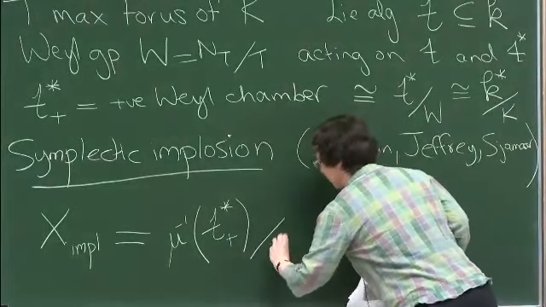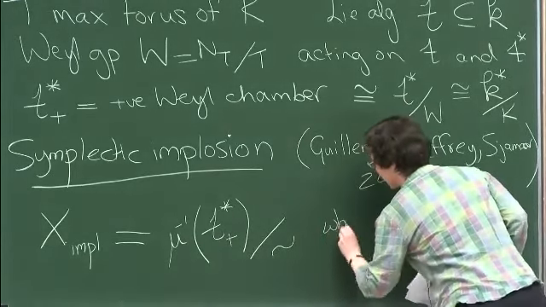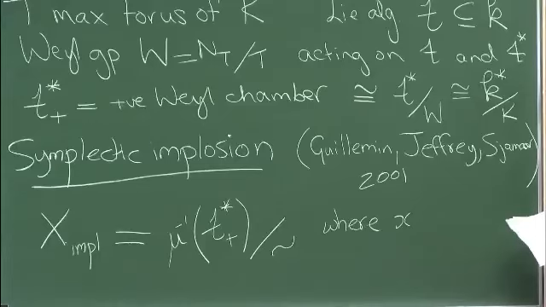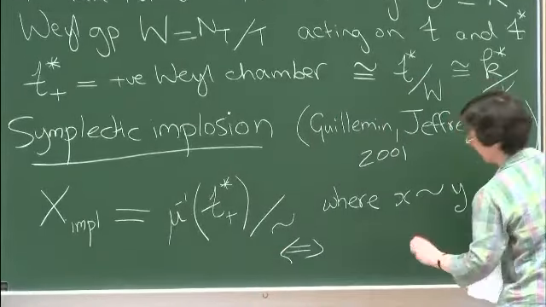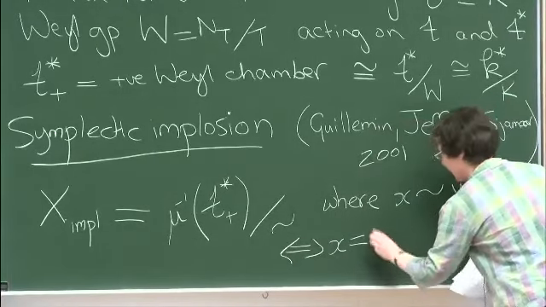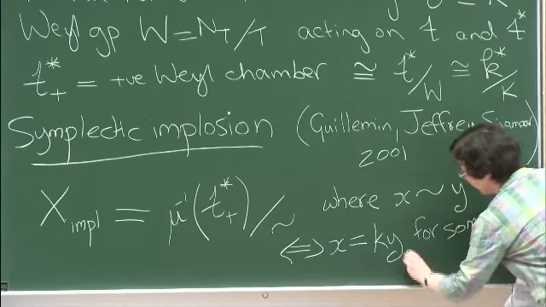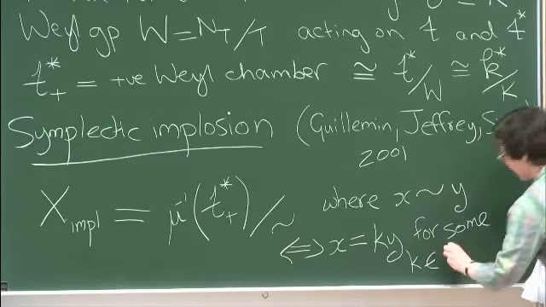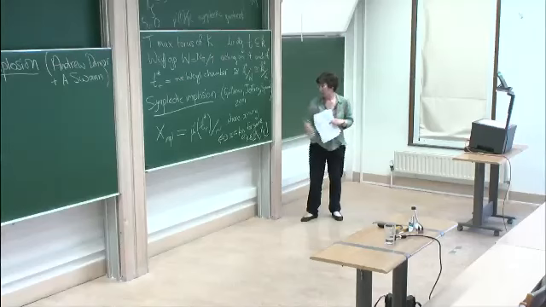Then you do a bit of collapsing, modulo some equivalence relation, where the collapsing is essentially on the boundary of the positive Weyl chamber. So x gets identified with y if and only if x is k times y for some k which lies in the commutator subgroup of the stabilizer of the common image of x and y under the moment map.